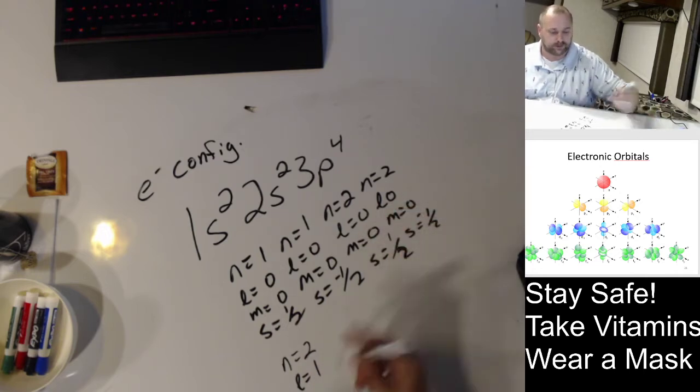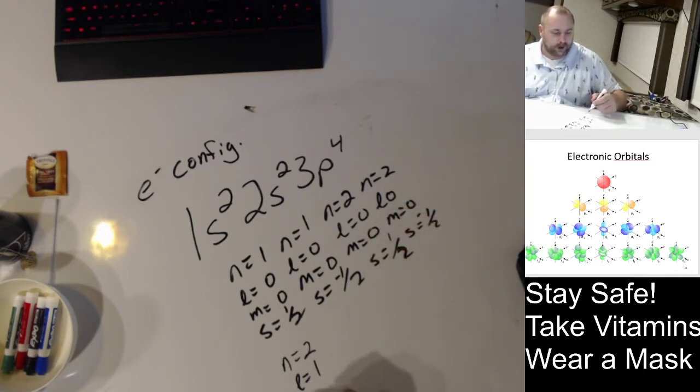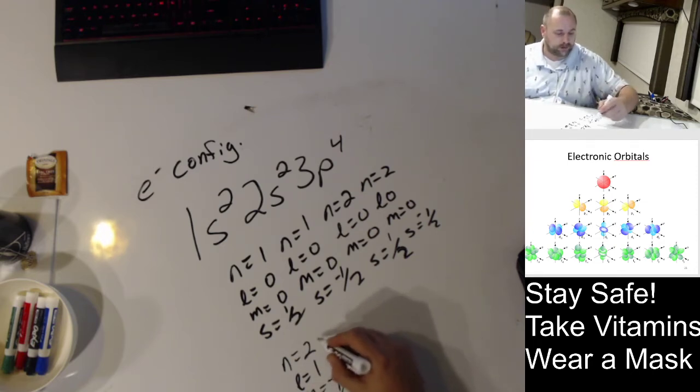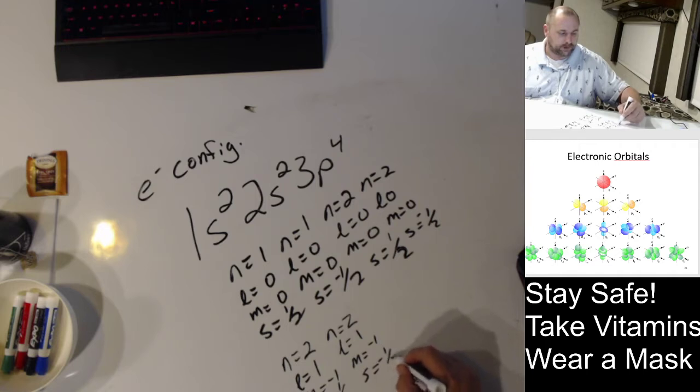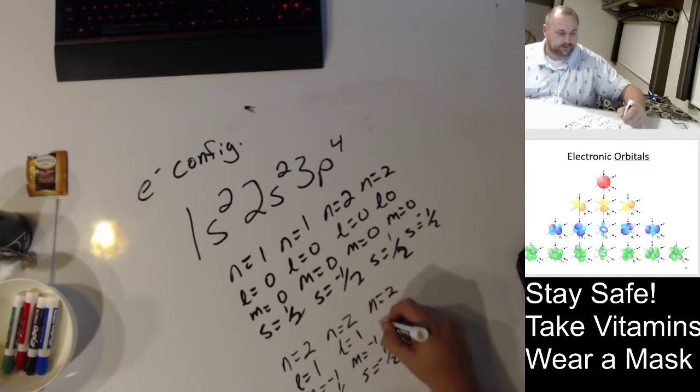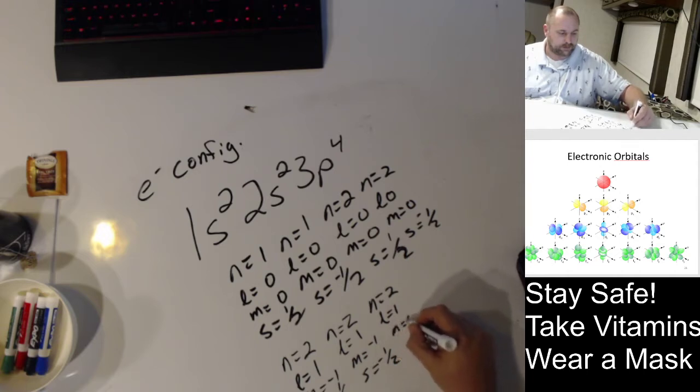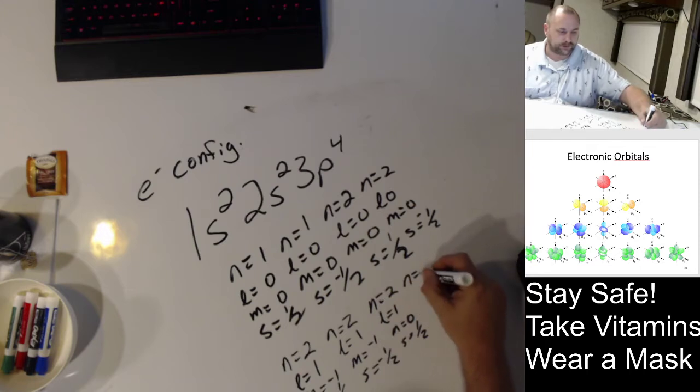I've used my 2 there, so now I've got to go to this shape. M equal to -1, S equal to 1/2. Then I would do N equal to 2, L equal to 1, M equal to -1, S equal to -1/2. N equal to 2, L equal to 1, M equal to 0, S equal to 1/2, and we'll get to it in a minute when I make some of these choices.